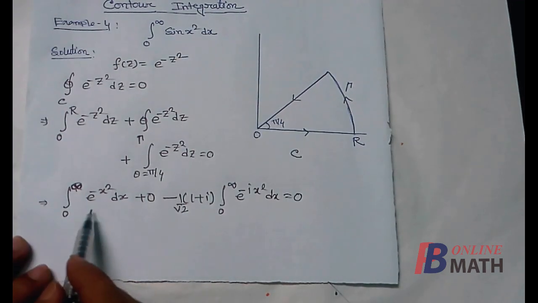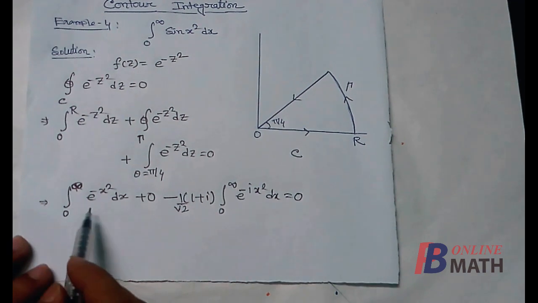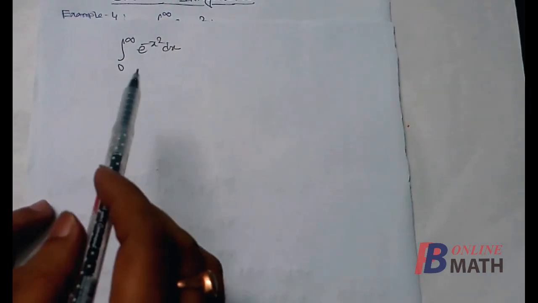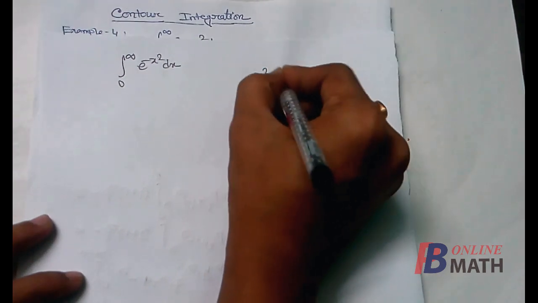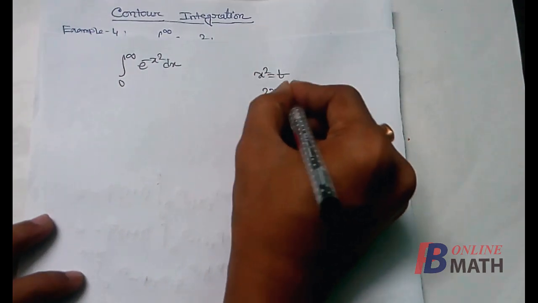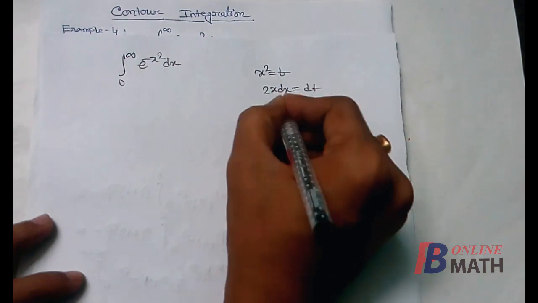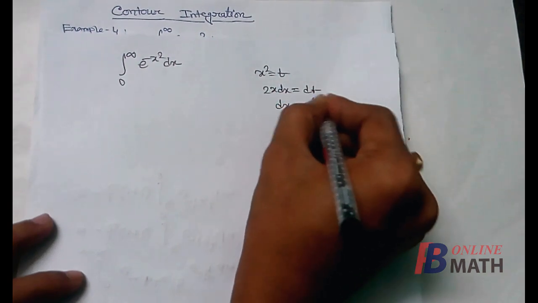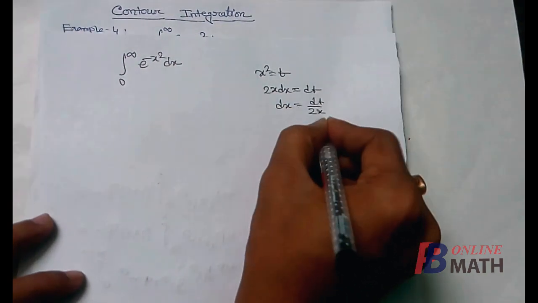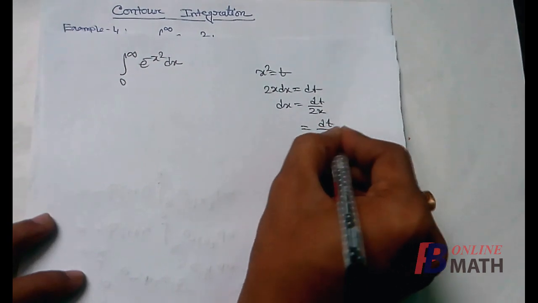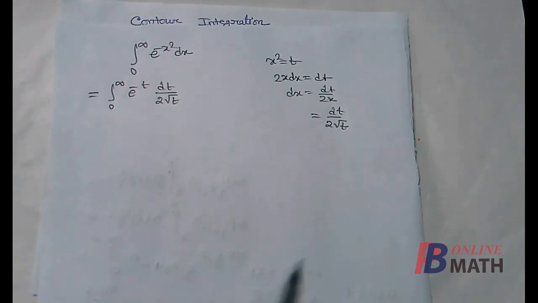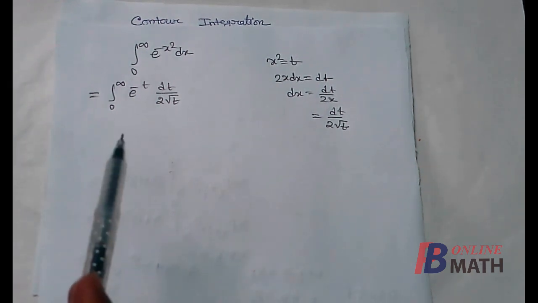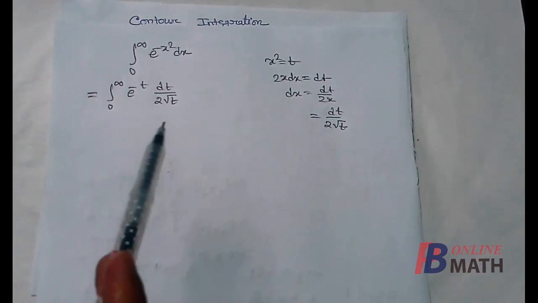Now this is a real integral and we can evaluate this integral. To evaluate this integral we replace x² equal to t. So 2x dx equal to dt, that means dx equal to dt/(2x), which is dt/(2√t). Replacing this in the integral, we find that the integral becomes this.